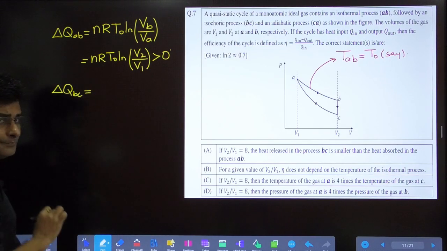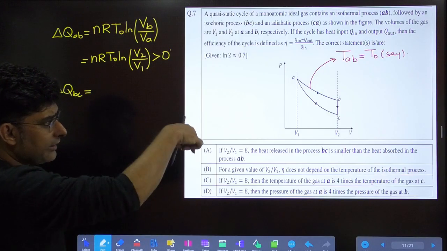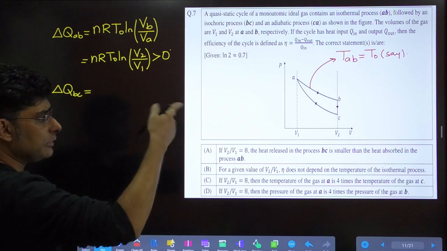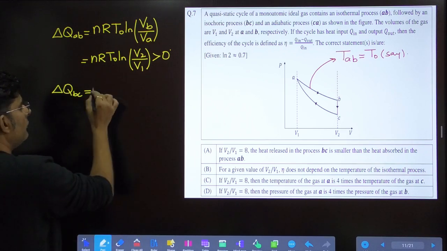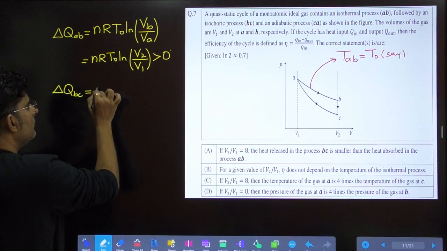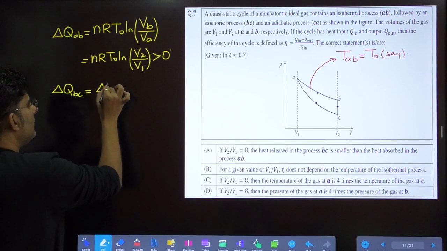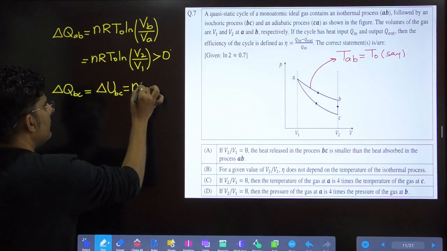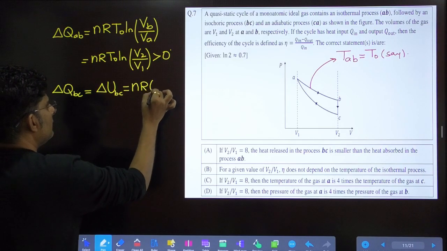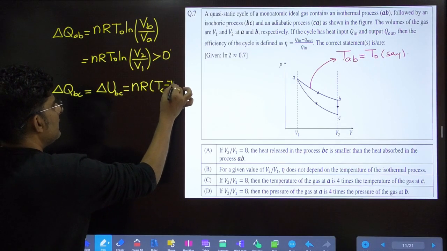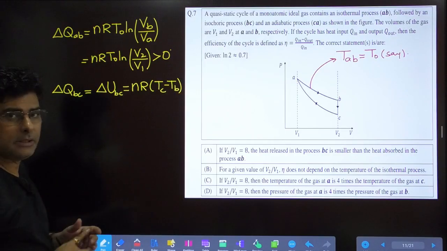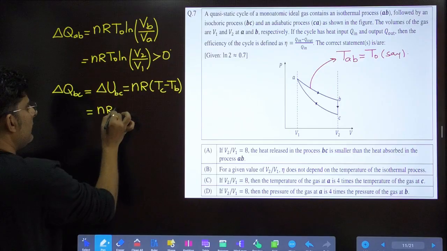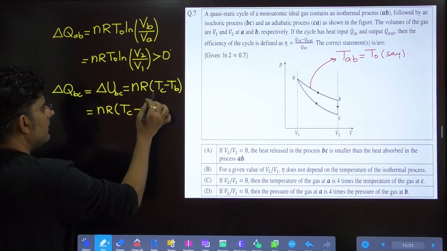delta Q_BC. Now you can see it is isochoric and the pressure is decreasing, so temperature will also decrease. So delta Q_BC will become equal to delta U_BC, which is nR(T_C − T_B).